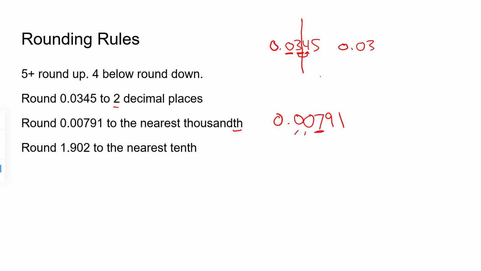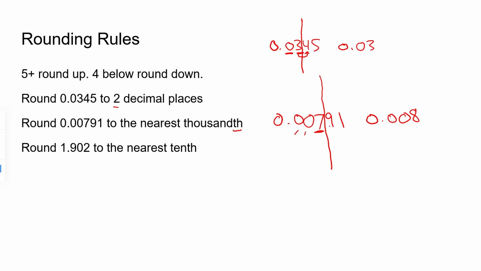So this is what we want to cut off. Now when we cut this portion off, we need to know what to do with this 7. Do we round it up or do we round it down? Because this is a 9, 9 is above 5, we're going to round this up. So our final answer for this one is 0.008.